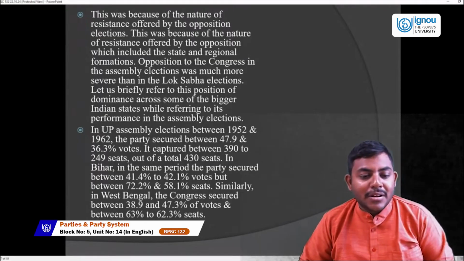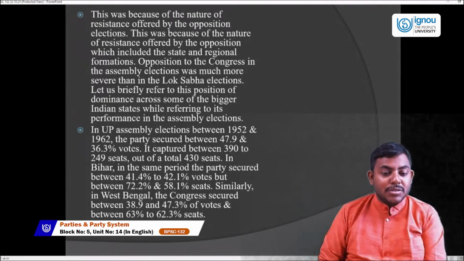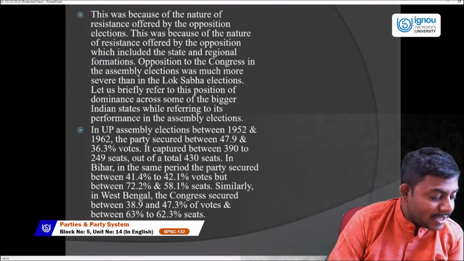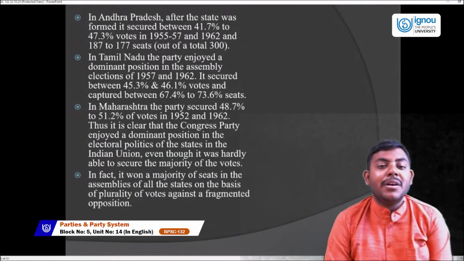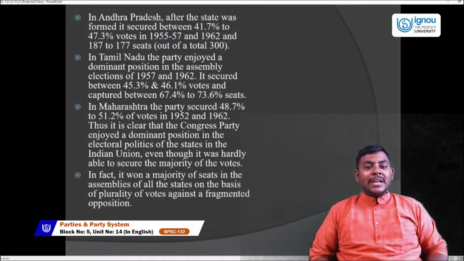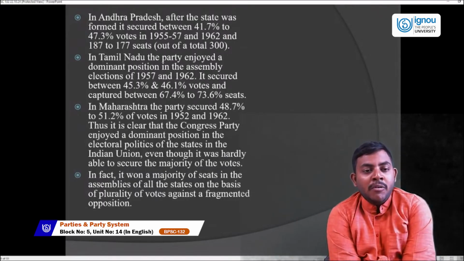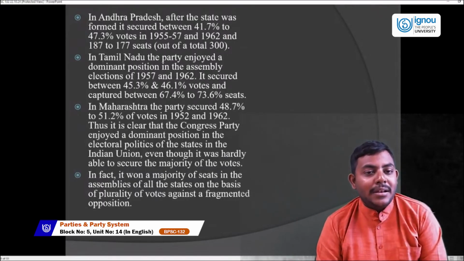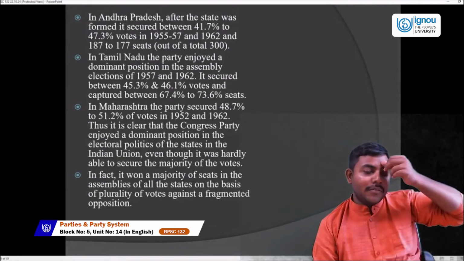Similarly, in West Bengal, the Congress secured between 38.9 and 47.3% of votes and between 63% to 62.3% seats. In Andhra Pradesh, after the state was formed, Congress secured between 41.7 to 47.3% votes in 1955, 1957 and 1962 and 187 to 177 seats out of 300.